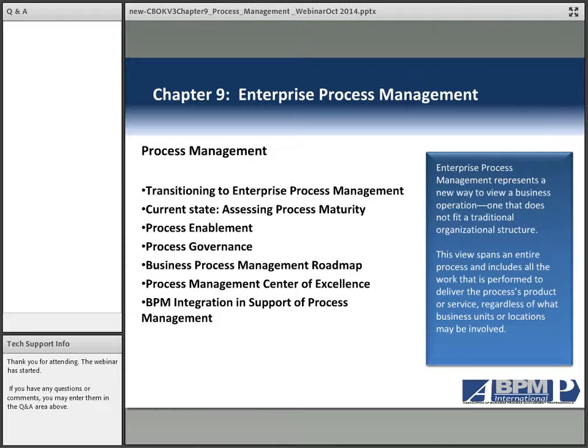Now, one of the things that is clear as we start to move into this discussion is that when you start to look at process, it's different than organization. And it really does not align to an organization structure. We'll be getting into that a lot more in just a few minutes. But it's more of a cross-organization, cross-function look at activity and how that activity aggregates.